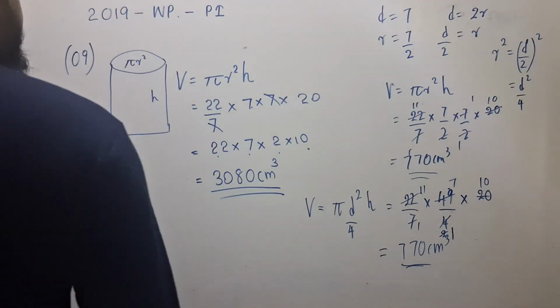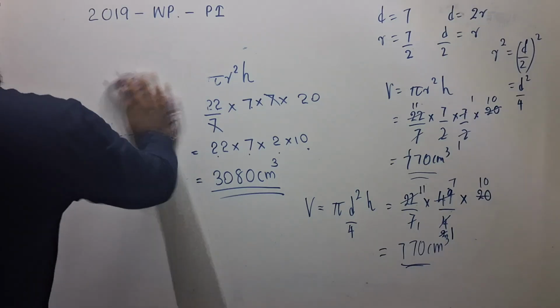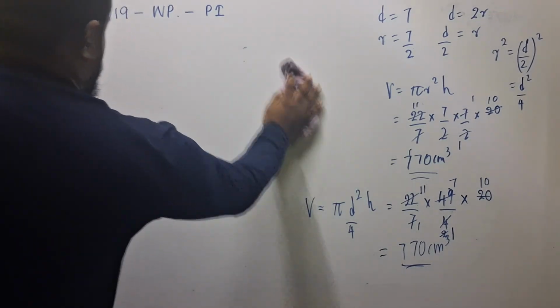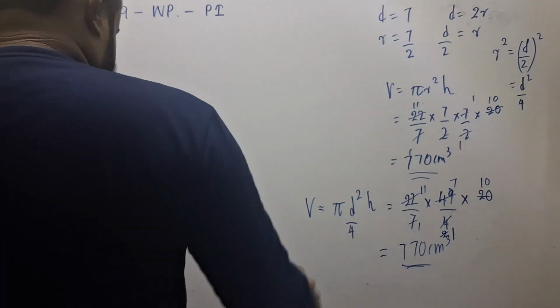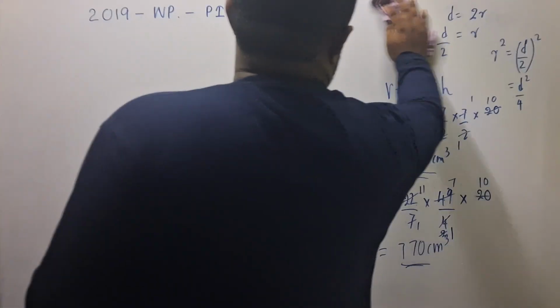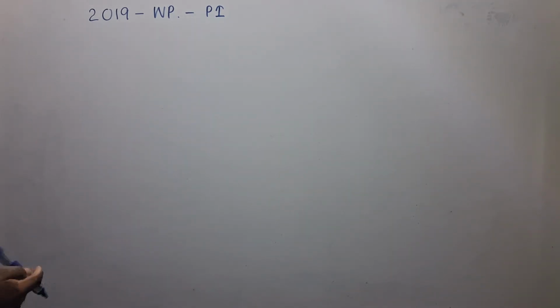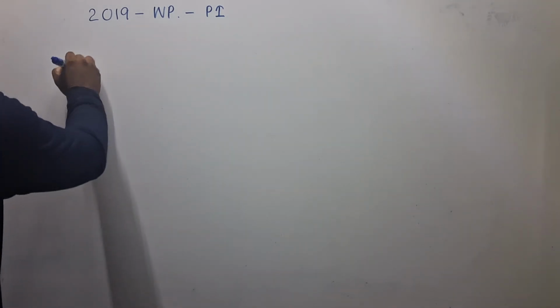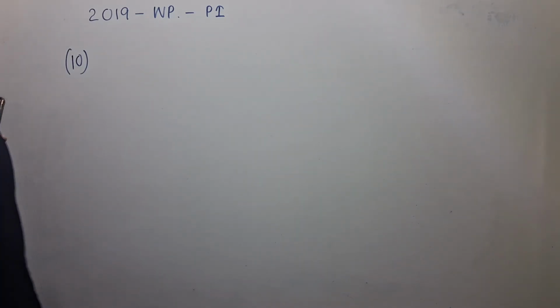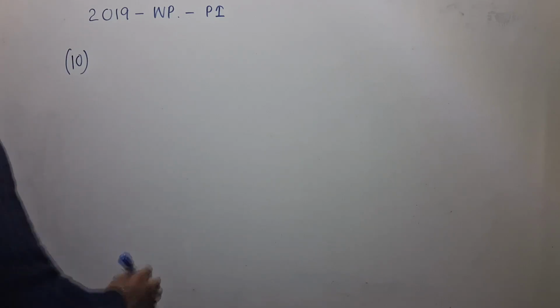Okay, next question. Question 10. Shade A intersect B in the given Venn diagram.